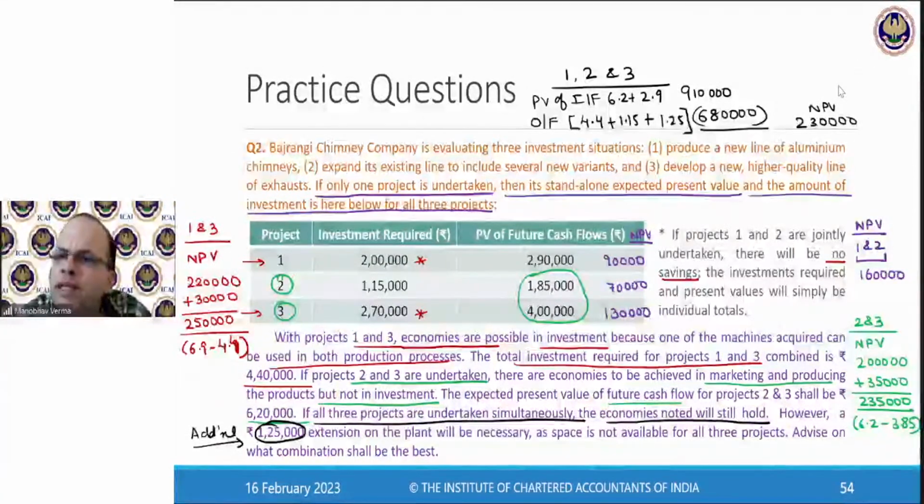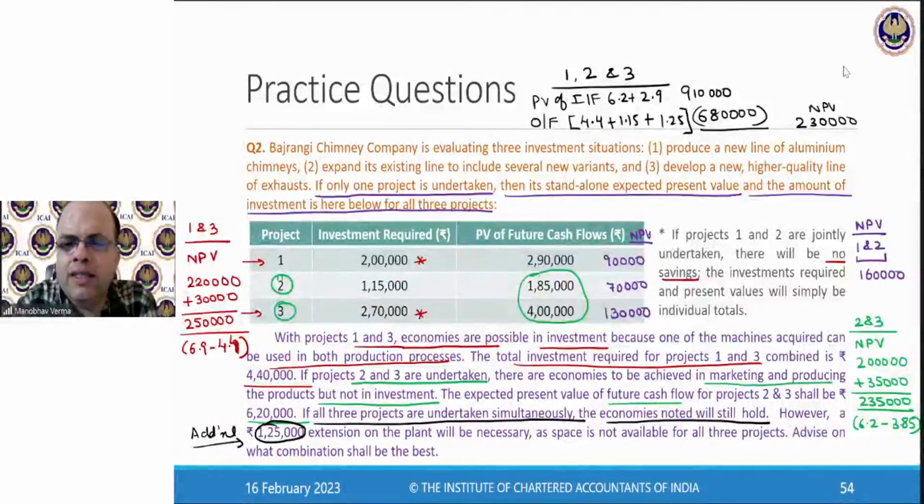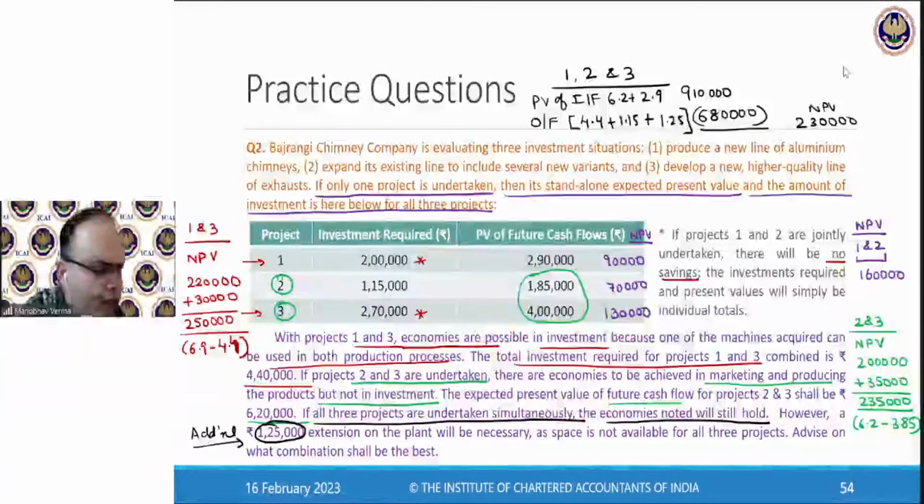So guys, what combination looks best here? All the projects, 2 and 3, 1 and 3, or individually? I think 1 and 3 still wins the race. Can anyone agree or disagree with me on the query panel?